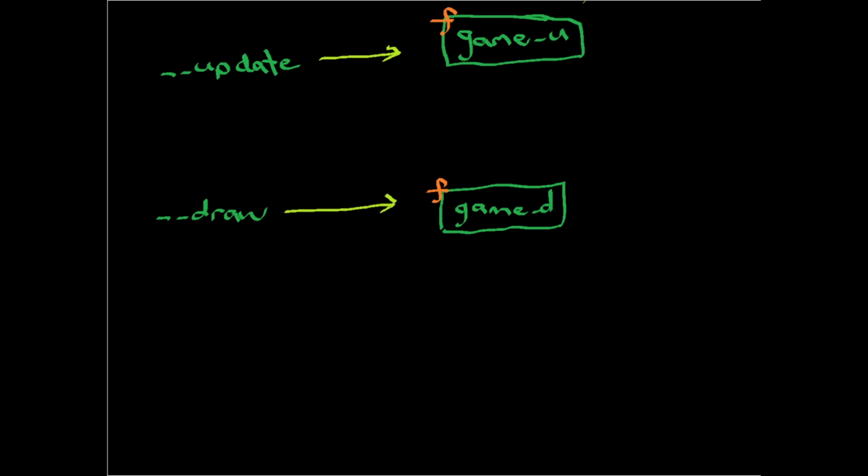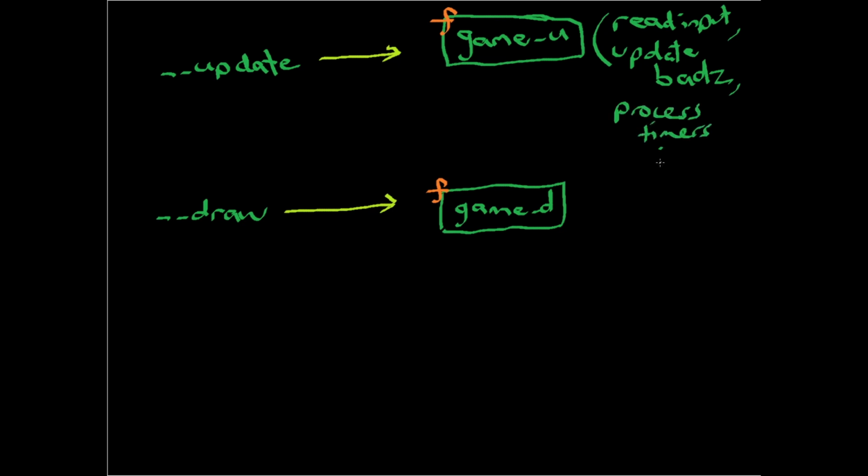In game update, we're doing a whole bunch of stuff, like reading input, updating baddies, process timers, etc., etc. We're doing a whole bunch of stuff to actually make the game go.